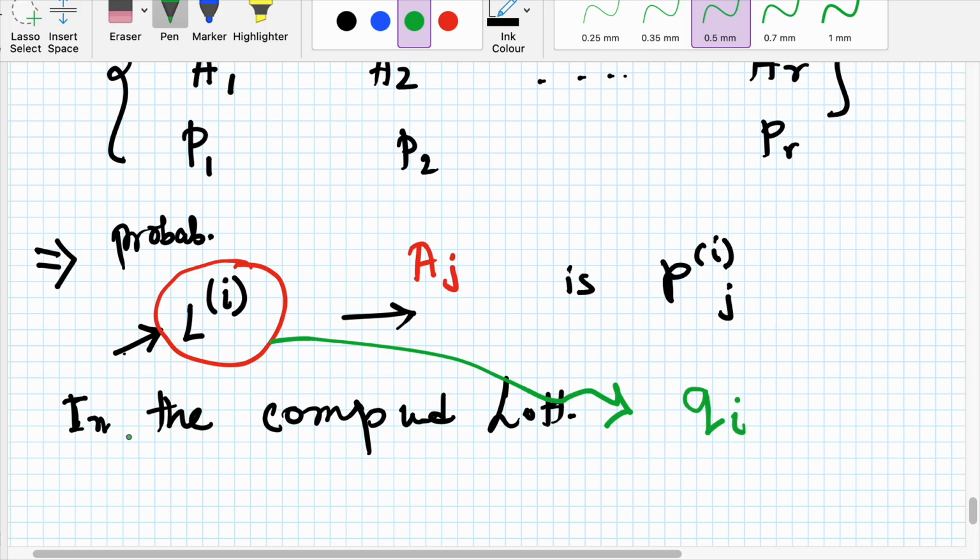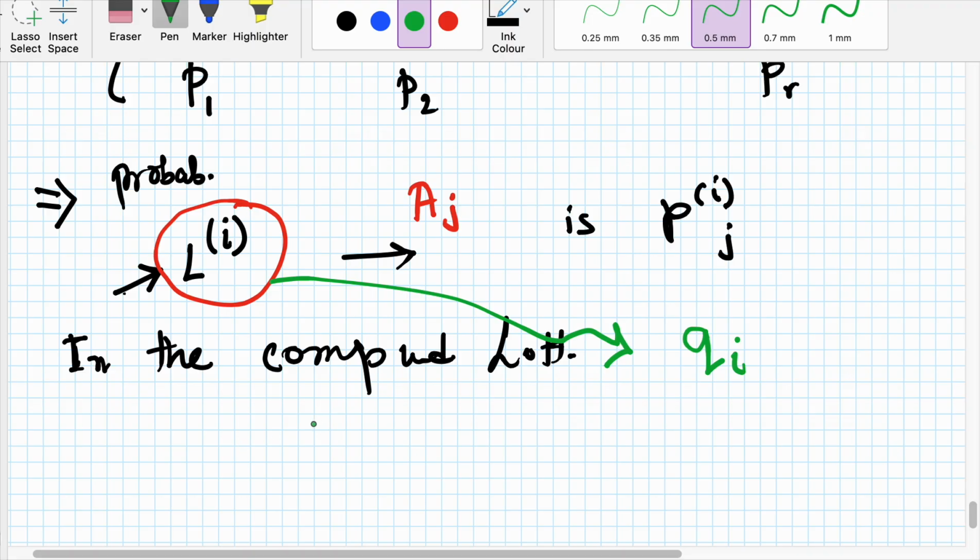Since these are independent events, the probability that the final prize is AJ and that it corresponds to the lottery LI is QI times PIJ.